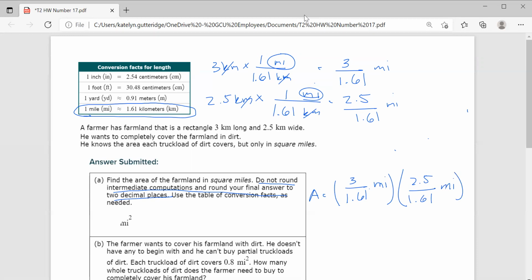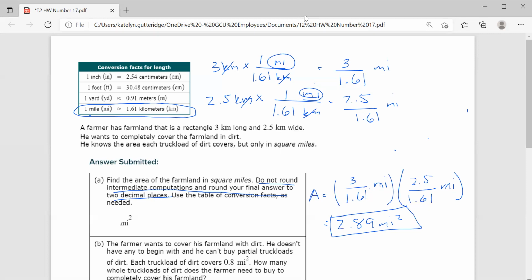Just make sure you do it all in one big step, and you should get 2.89 when you round to 2 decimal places. So that is 2.89 miles squared. That is our total area of this rectangular farmland, and that would be our answer to A.